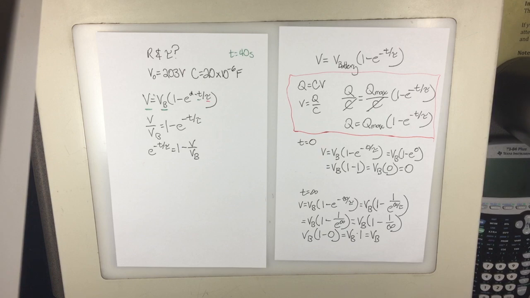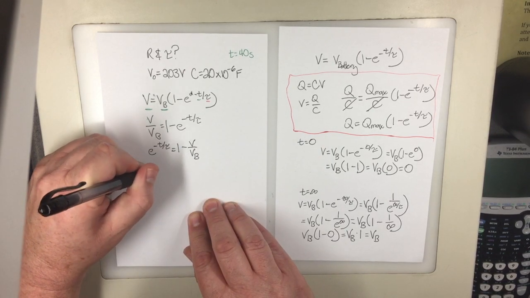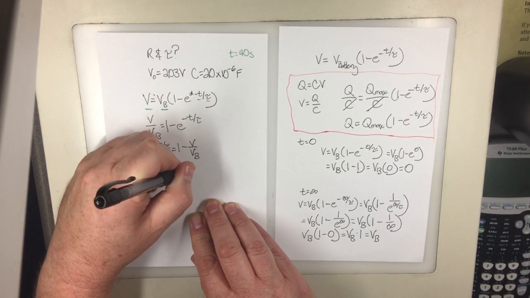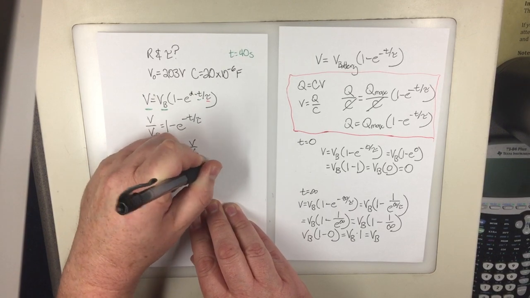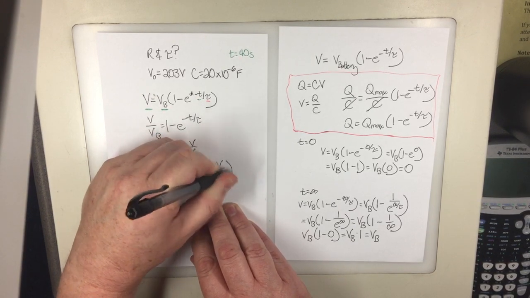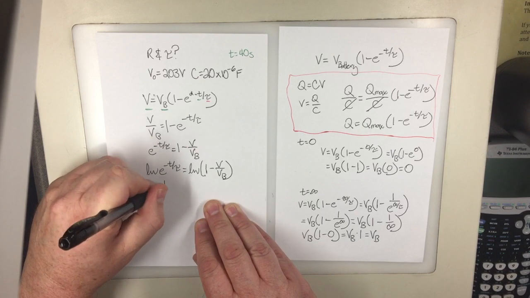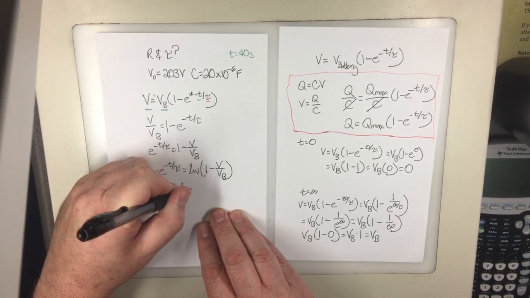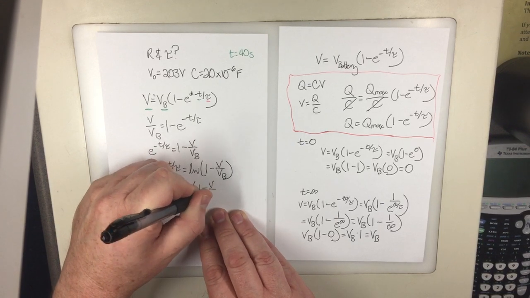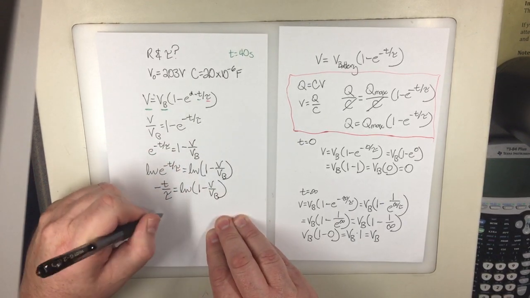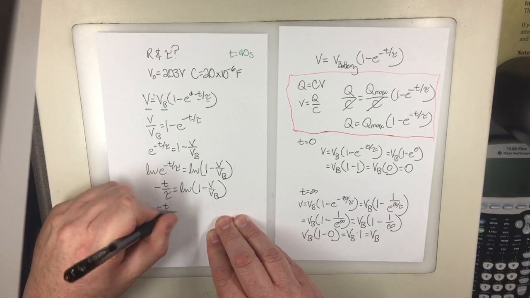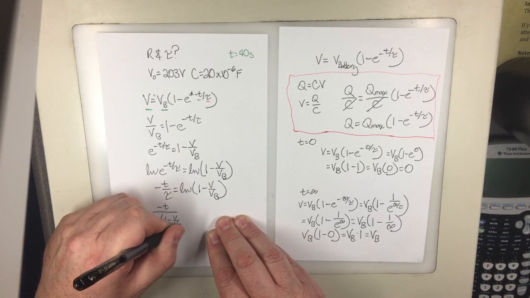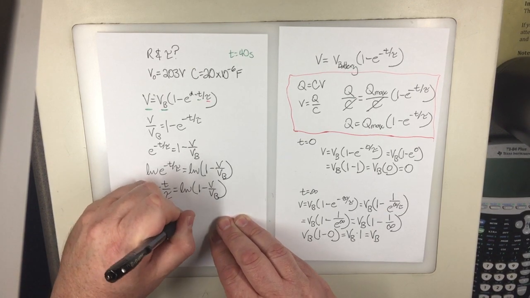We attack it with a natural log. So natural log of e to the negative t over tau is natural log of 1 minus V over VB. That leaves us with negative t over tau is equal to natural log of 1 minus V over VB, or negative t over ln of 1 minus V over VB is equal to tau.